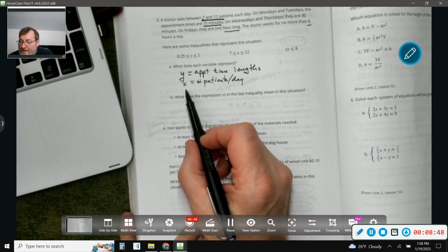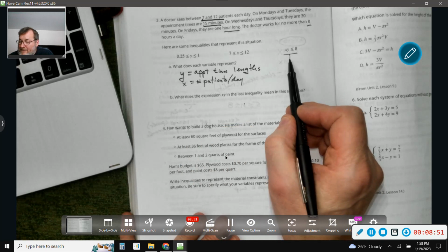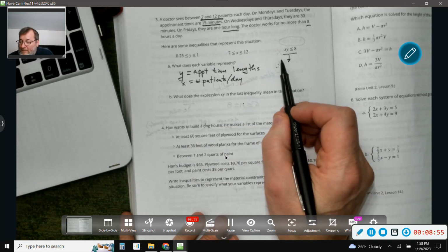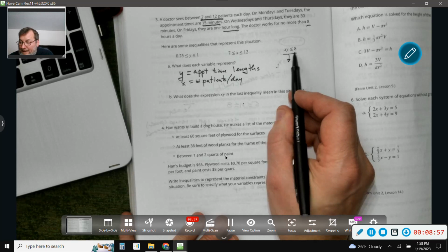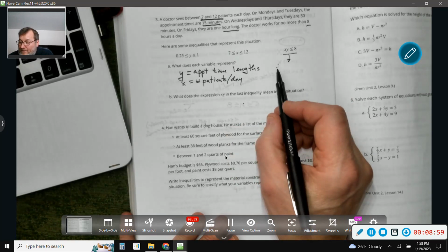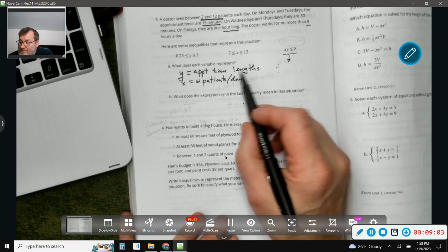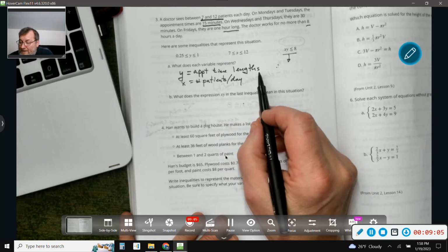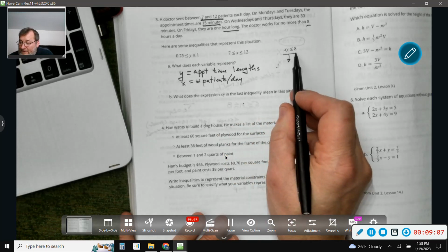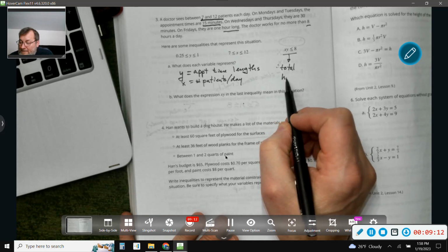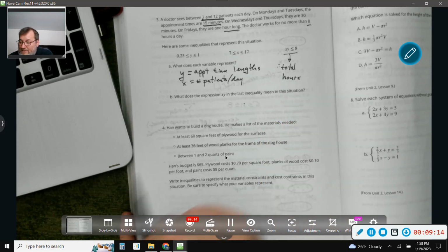All right. So what they're saying there in this one is the amount of time that you spend with the patients has to be less than 8 hours. So you have basically the number of patients times the length of time each one is, and that gives you the total hours. So this is total hours he's going to be spending working with patients.